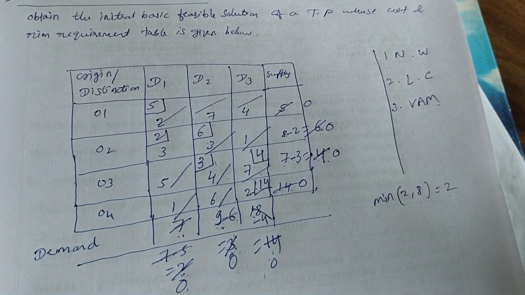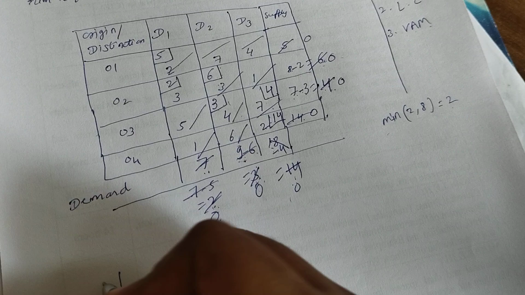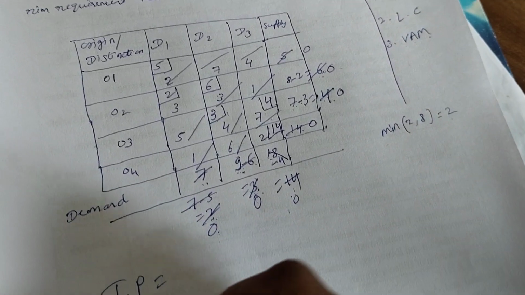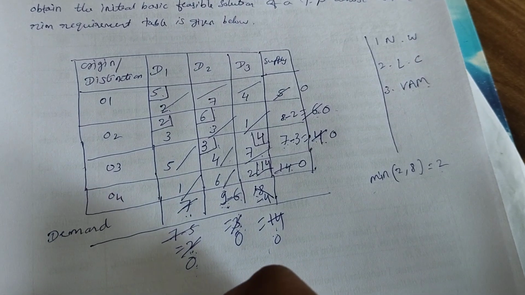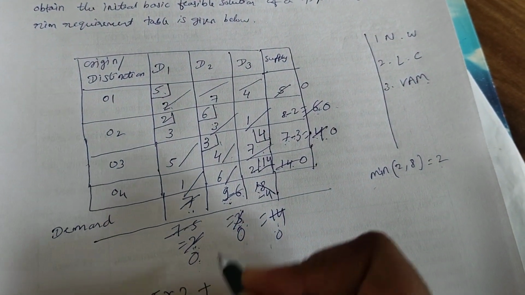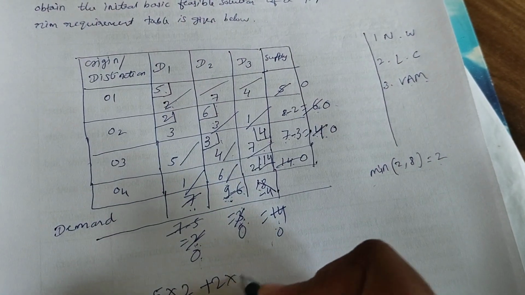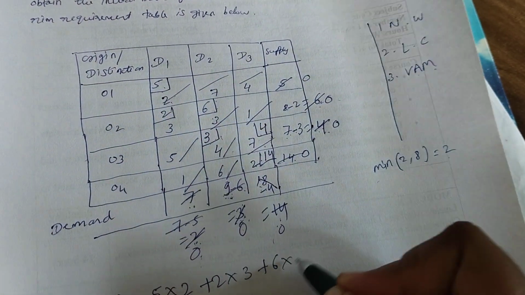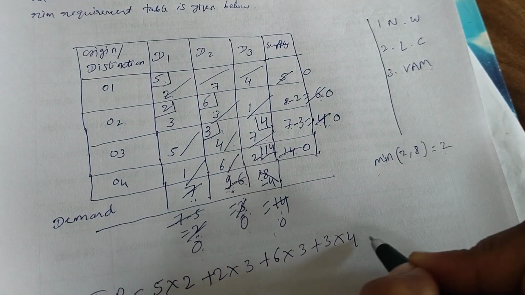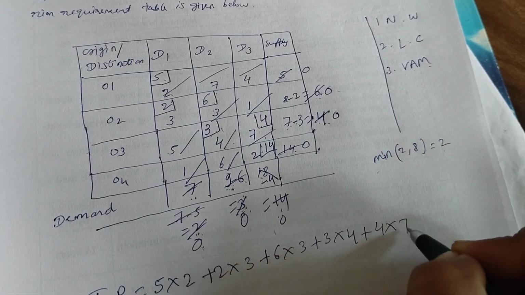You have reached all destinations. Now you can calculate the total transportation cost. The total transportation cost is the allocated cell value times the actual cost: 5 into 2 plus 2 into 3 plus 6 into 3 plus 3 into 4 plus 4 into 7, and so on.